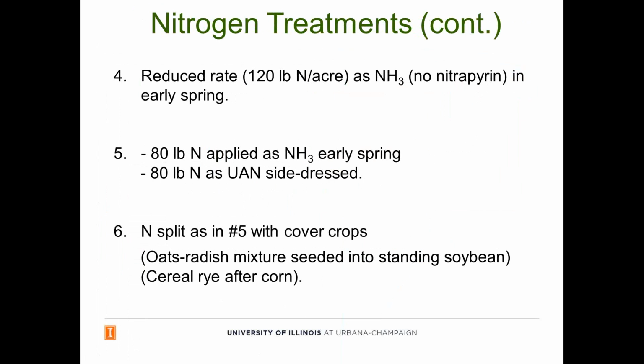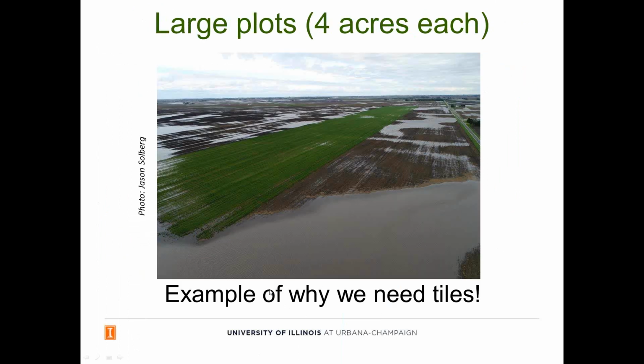And then 5 and 6 are both a split application between spring and side dress, an equal split. But treatment 6, we add cover crop, and that would be oat and radish into standing soybean ahead of corn, and cereal rye after corn ahead of soybean.